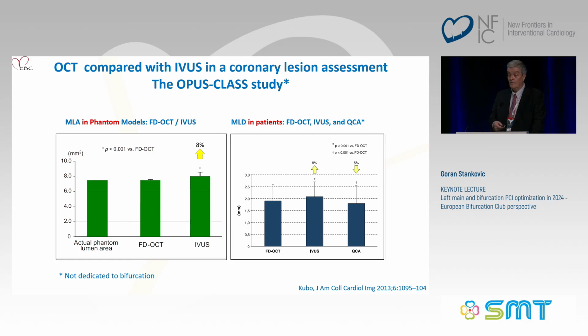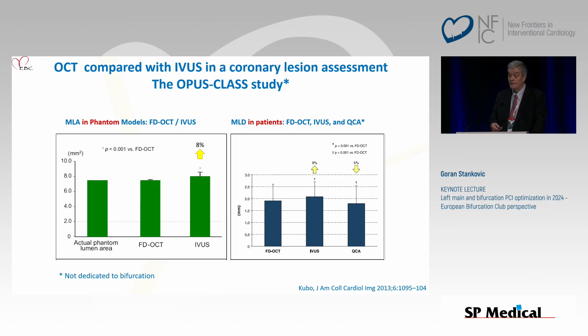Second, we learned from phantom that OCT reliably determines minimal lumen area, while use of IVUS overestimates minimal lumen area in phantom, and MLD in patients by OCT compared to IVUS.